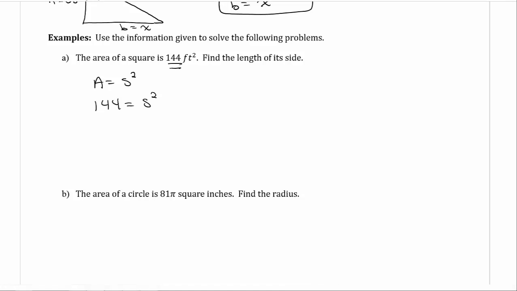So we are going to take the square root on both sides of this equation. Here the s squared and the square root basically cancel each other out, and that is just going to leave us with s. The square root of 144 is 12. We always do plus or minus when we're taking the square root on two sides of an equation. But since s is really the length of the side of a square, we only want the positive part. So that would be 12 feet in this case.